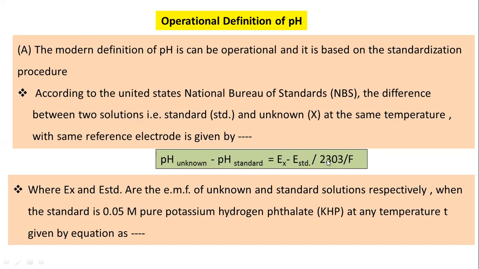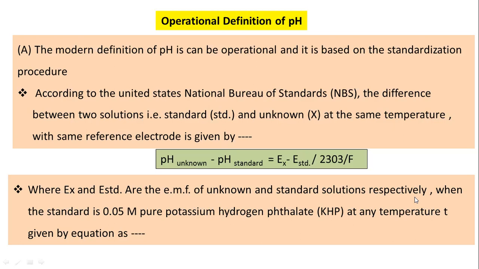So there must be a decimal point here, 2.303. Ex and E standard are the electromotive force of the unknown and standard solution respectively.